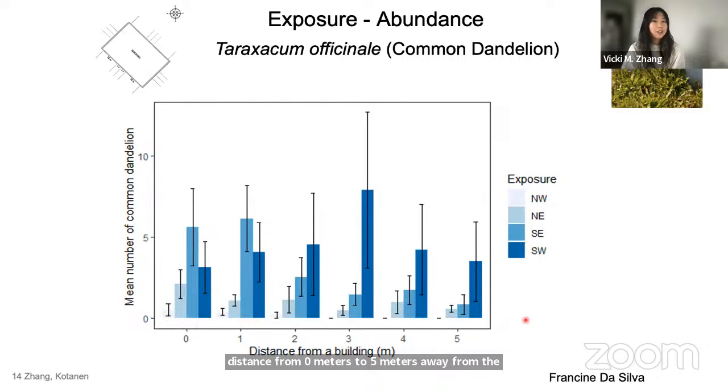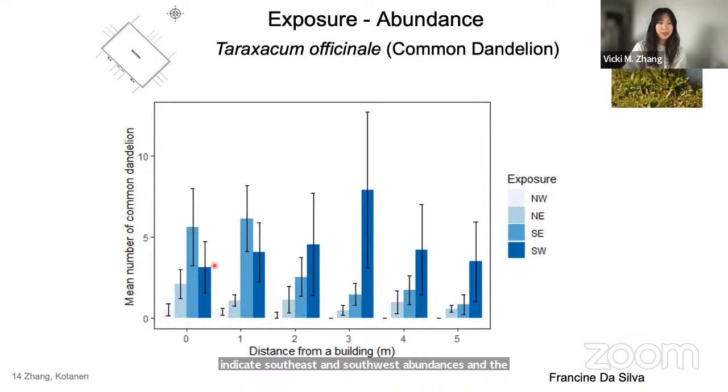There was a higher abundance of dandelions on the southern sides of buildings, so the darker bars indicate southeast and southwest abundances, and the northeast and northwest orientations had lower abundances consistently. And in addition, there were more dandelions closer to buildings, and abundances decreased at 4 to 5 meters away from buildings, indicating that this sheltering effect of buildings decreases with increasing distance.